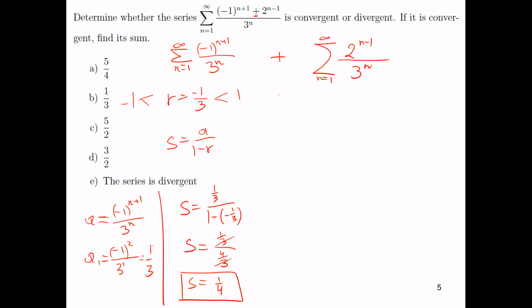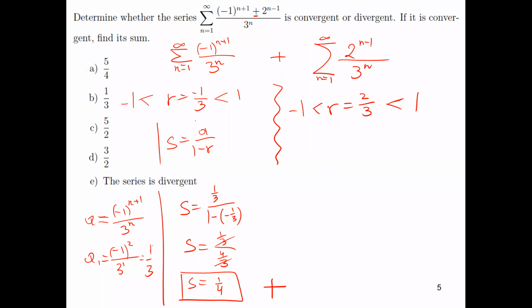Okay, now let's work on the other part. We will, of course, add this. Now let's see the common ratio. 2 is taken to the power of n, and 3 is taken to the power of n. The same thing. This quantity, 2/3, is less than 1 and greater than -1.